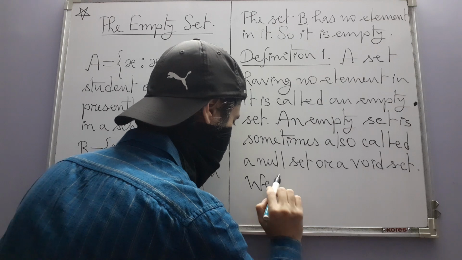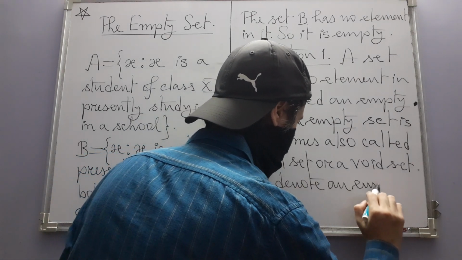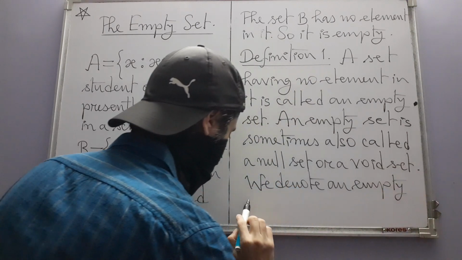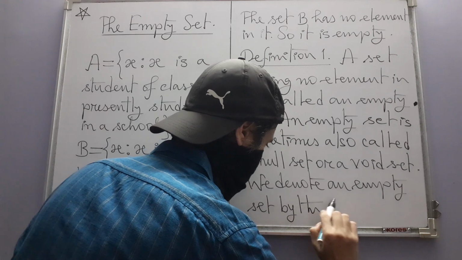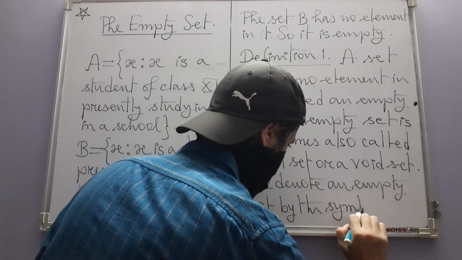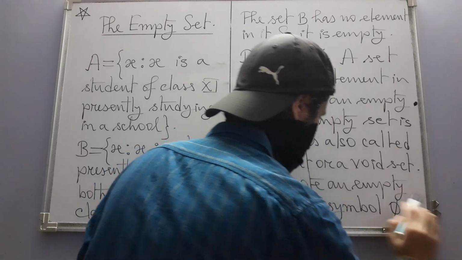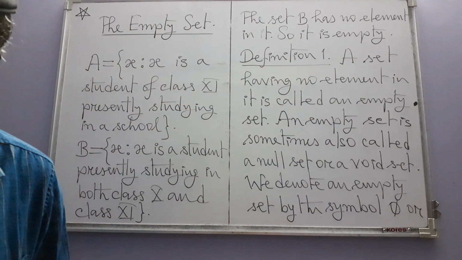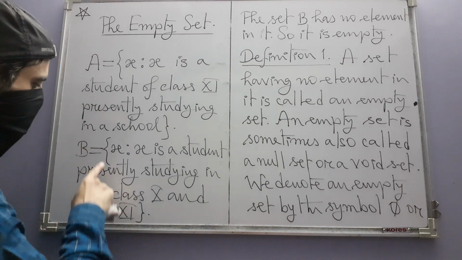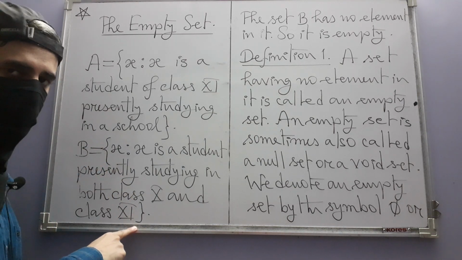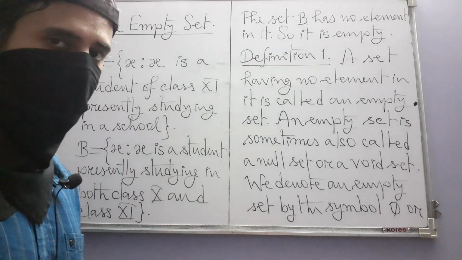We denote an empty set by the symbol this, or there is another way of denoting it using curly braces, because we use curly braces to enclose the elements of a set, whether we write the set in roster form or tabular form.